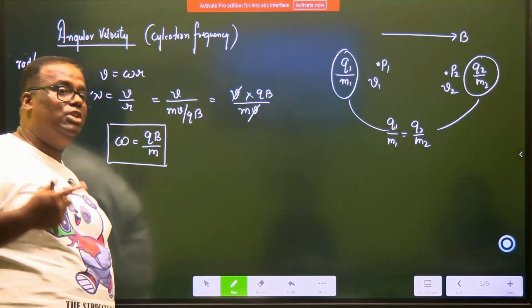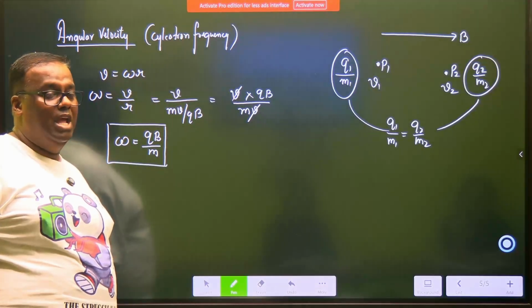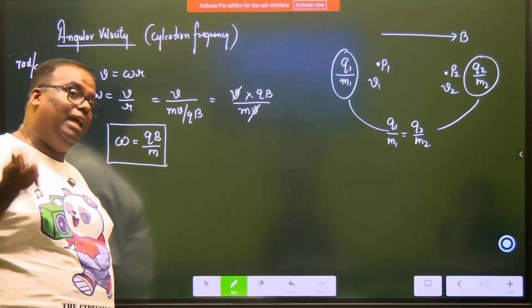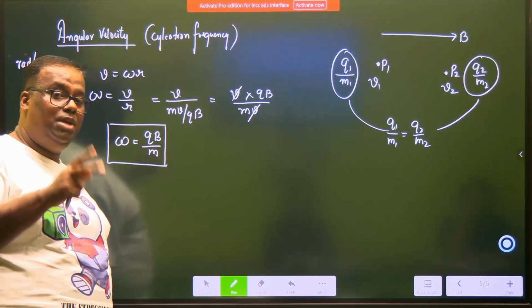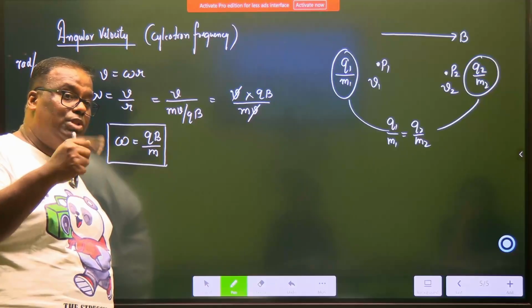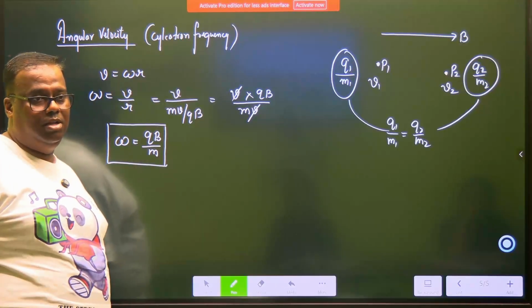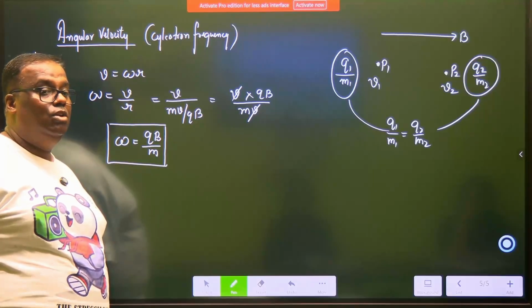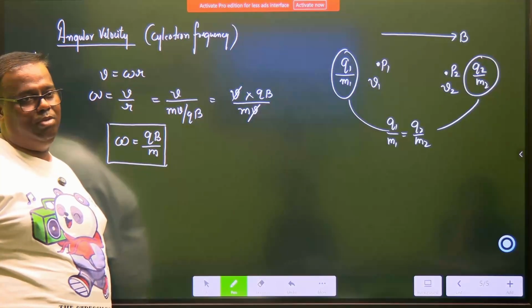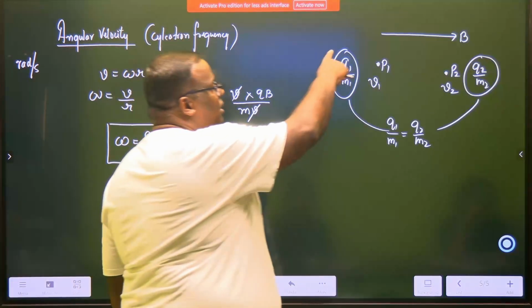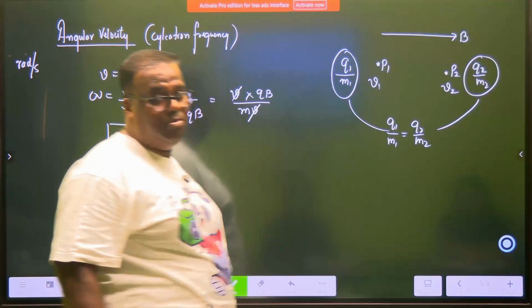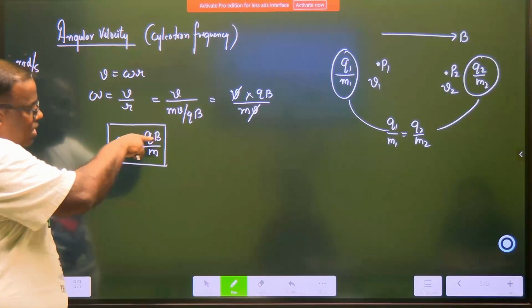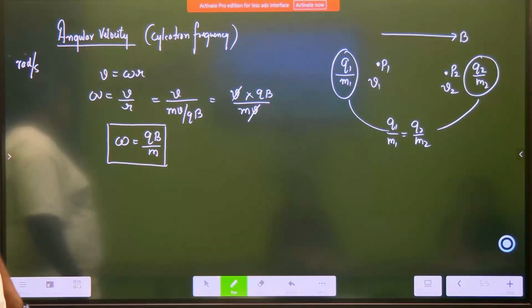This is how actually a cyclotron works. A cyclotron can make two particles move with the same angular velocity, though their linear velocities are different. Because if you can somehow make their q by m the same and then introduce them into the same B, they will have the same angular frequency.